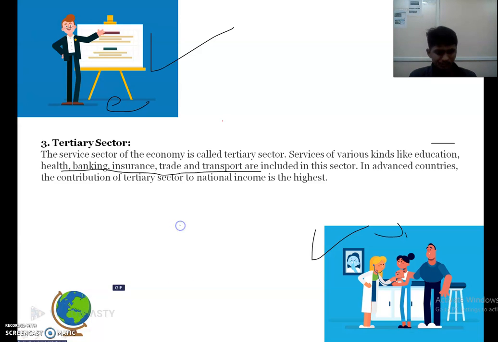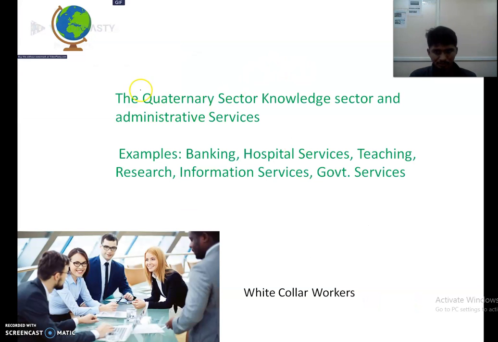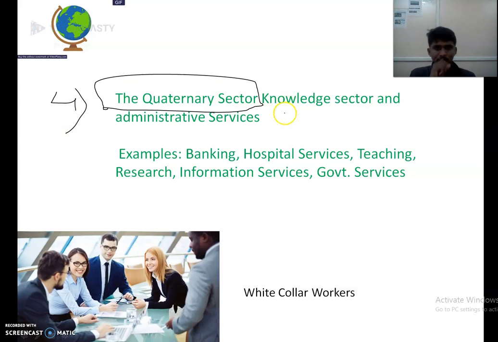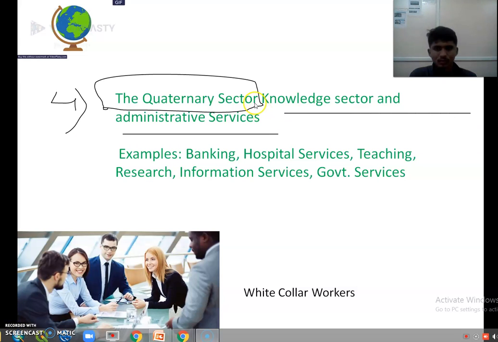So then the next is quaternary sector. Quaternary sector, fourth number. It is a knowledge sector and administrative service. So quaternary activities are specialized tertiary activities in the knowledge sector which demand a separate classification. So there has been a very high growth in demand and consumption of information based services.